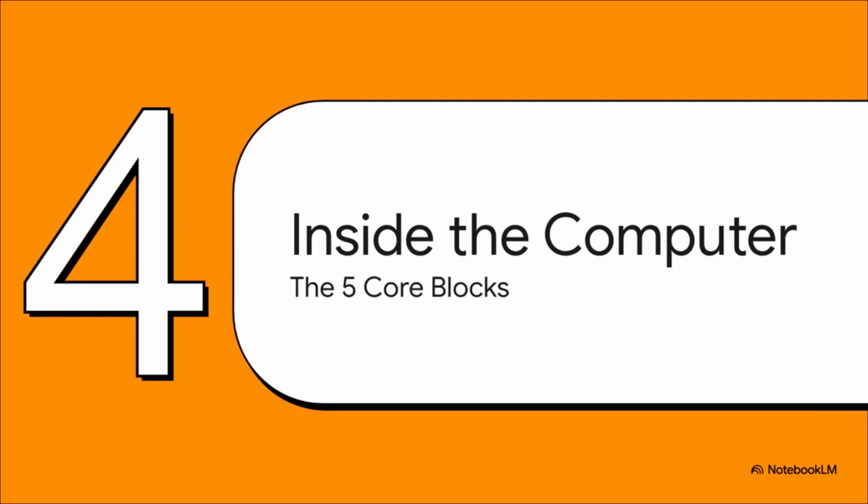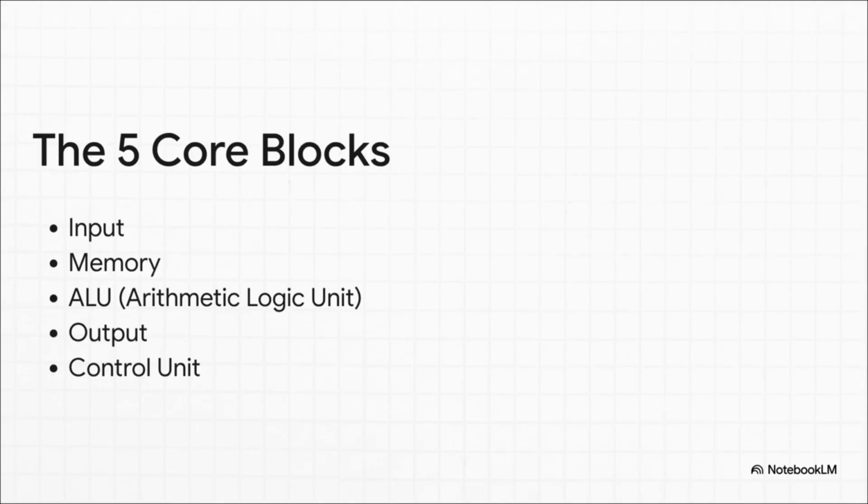Now we cross over into Part B with Section 4, Inside the Digital Computer. Every single digital computer, from your smartphone to a massive supercomputer, operates on the exact same foundational architecture at a block-level view. It's literally just data flowing through 5 distinct physical areas.